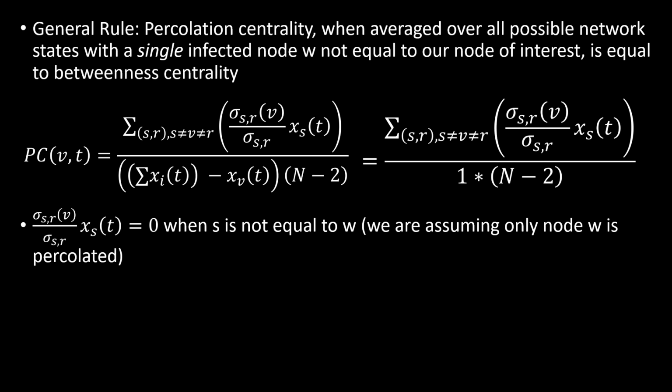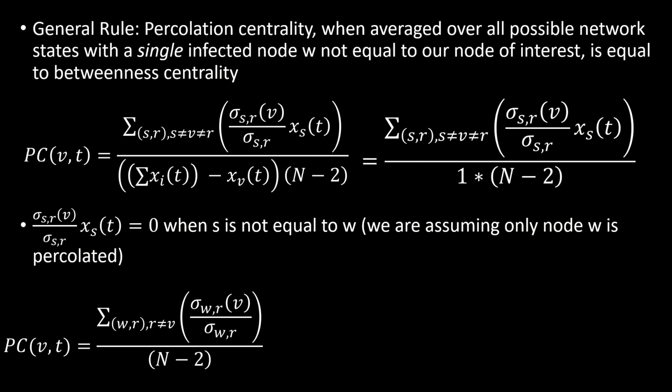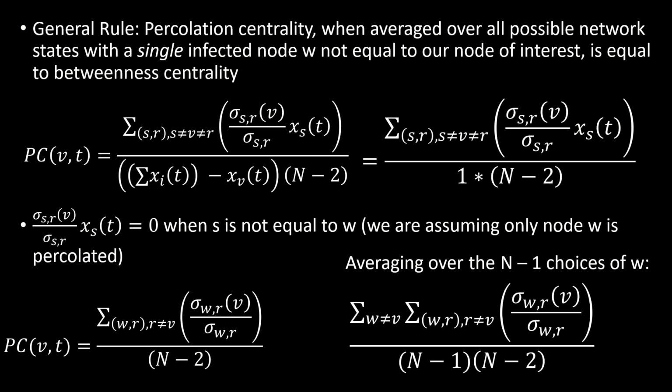So if W is the only percolated node, then the percolation centrality of V is 1 over n-2 times the sum of the fraction of shortest paths that pass through V, which start at W and end in some other node R. Taking the average over all n-1 choices of percolated single nodes W, we get the betweenness centrality of V.